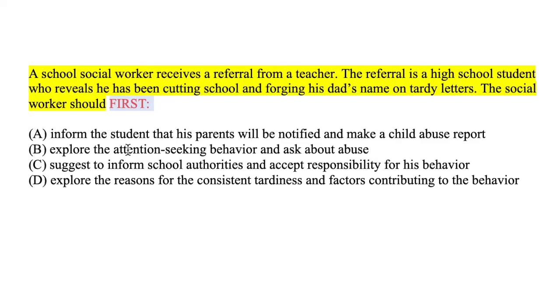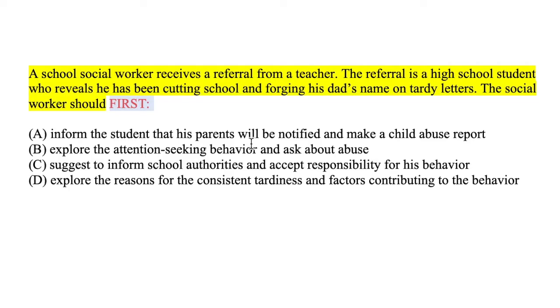Option B, explore the attention-seeking behavior and ask about abuse. Again, the abuse part, like we mentioned up here, we don't know about that. So is it going to be important to rule that out and assess for abuse? Yeah, certainly. But is it the first thing that we're going to do? Let's look at the first part of this option. Explore the attention-seeking behavior.